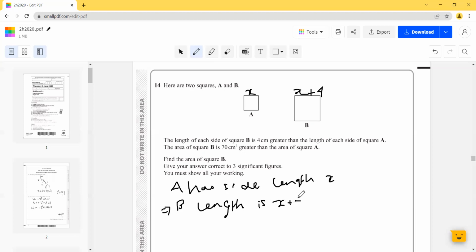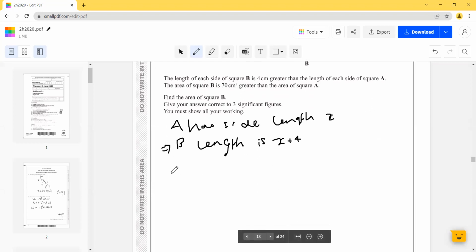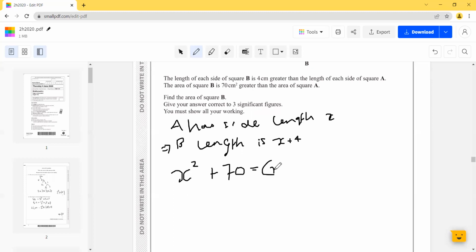Okay. And we are told that the area of square B is 70 centimeters greater than the area of square A. So let's use this information. So x squared plus 70 is equal to the area of B, which is x plus 4 squared.